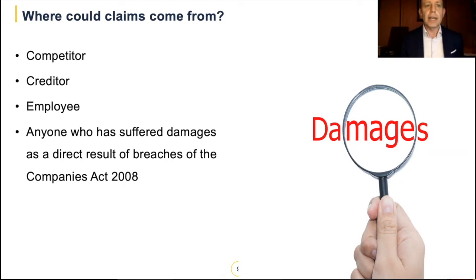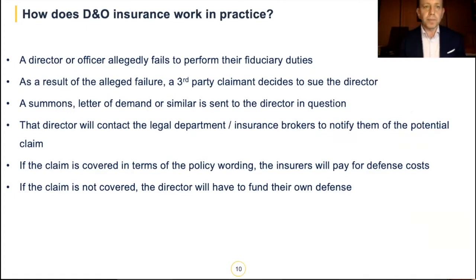But generally, anyone who suffered a loss because the directors have breached their duties or failed in their duties could bring a claim against them. How does it work in practice? Generally, it's alleged that the director failed to perform their duties. This third party or the employee decides to sue the director in their personal capacity.